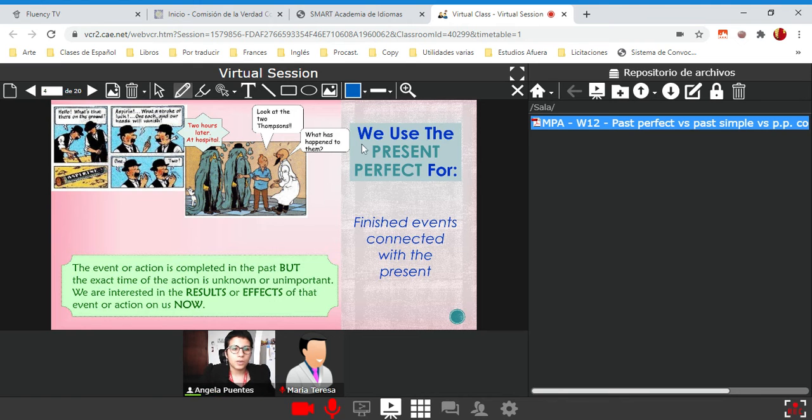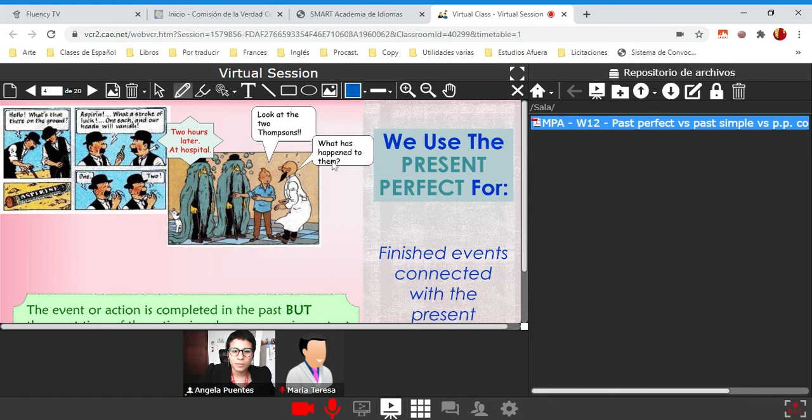Okay, so for example, these guys, the friends of Tintin, they take some kind of aspirins, and look at what happened with the question. What has happened to them? ¿Qué les ha pasado? So we can use the present perfect. Okay, they have used a weird pill.